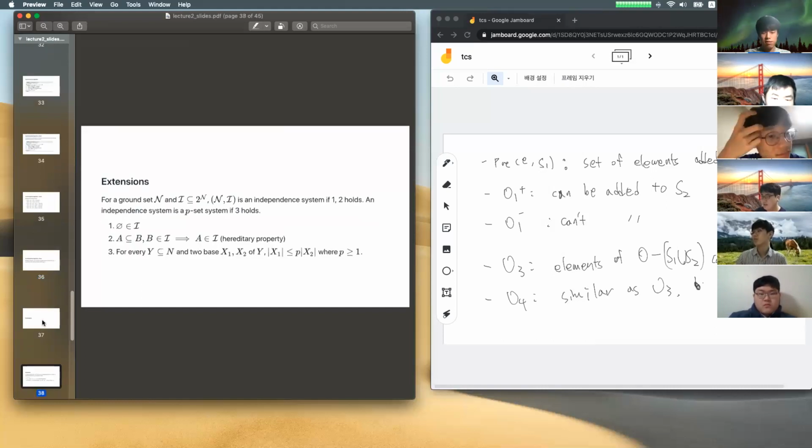In a Matroid, we have these two properties and the third property, the exchange property.